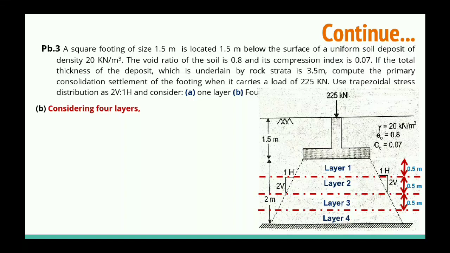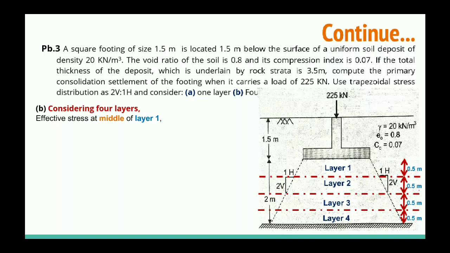Are you getting my point? Okay. So now the question is saying we have divided a single soil deposit into 4 layers, and each layer's height is 0.5 meter. So what we can do? We will calculate the settlement for each layer, and then we'll add them, and then we'll get the settlement for the whole layer.